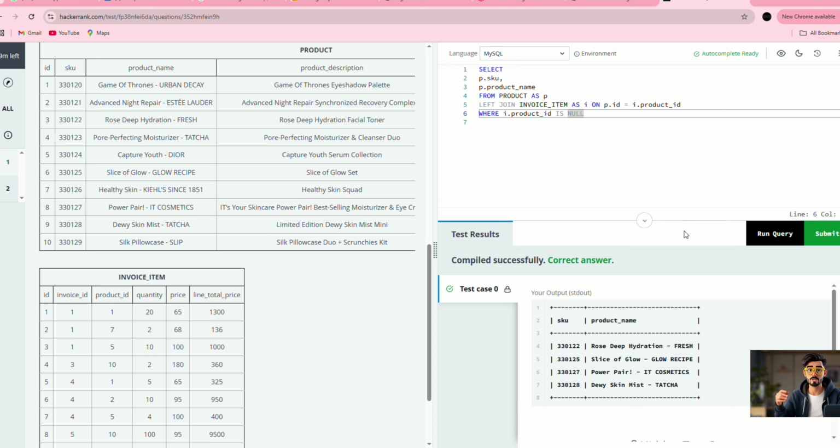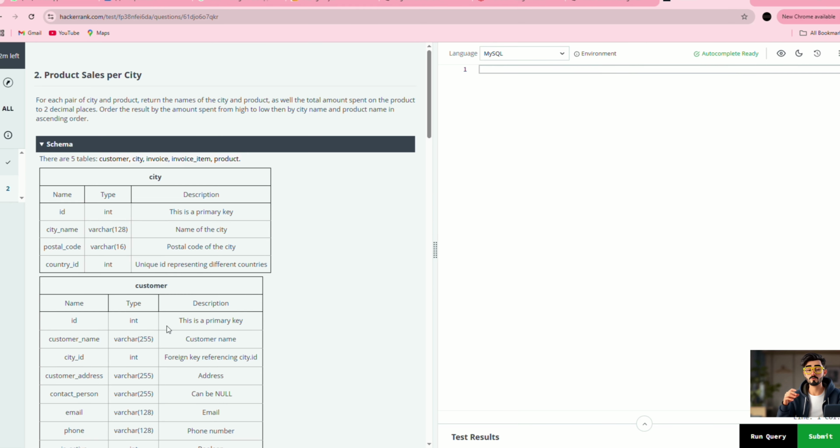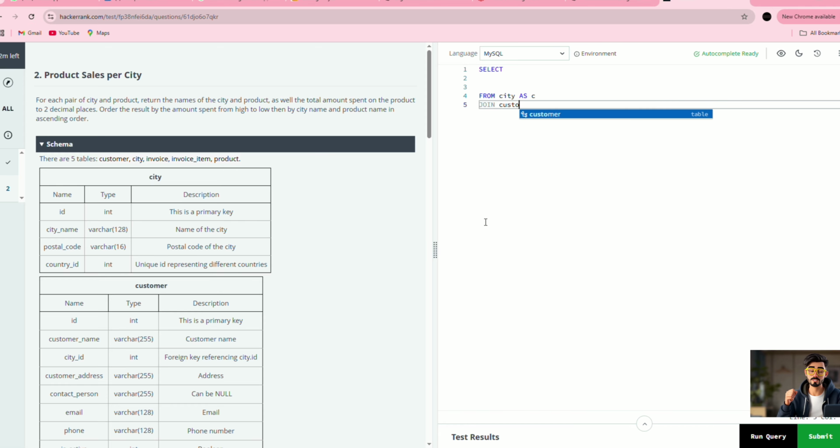Let's check. Okay, for the second problem, here I need to find the product sale per city, and there are multiple tables here. So first join all the tables.